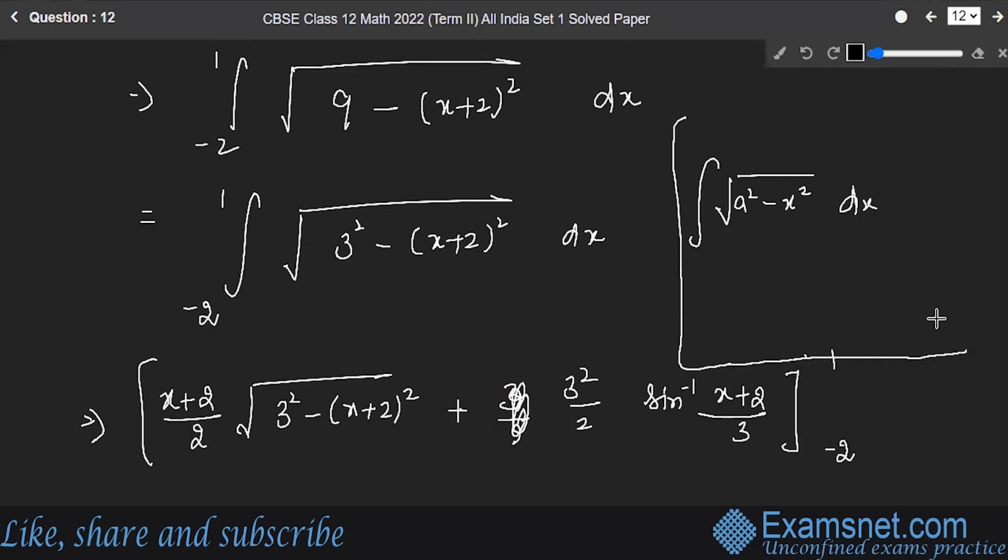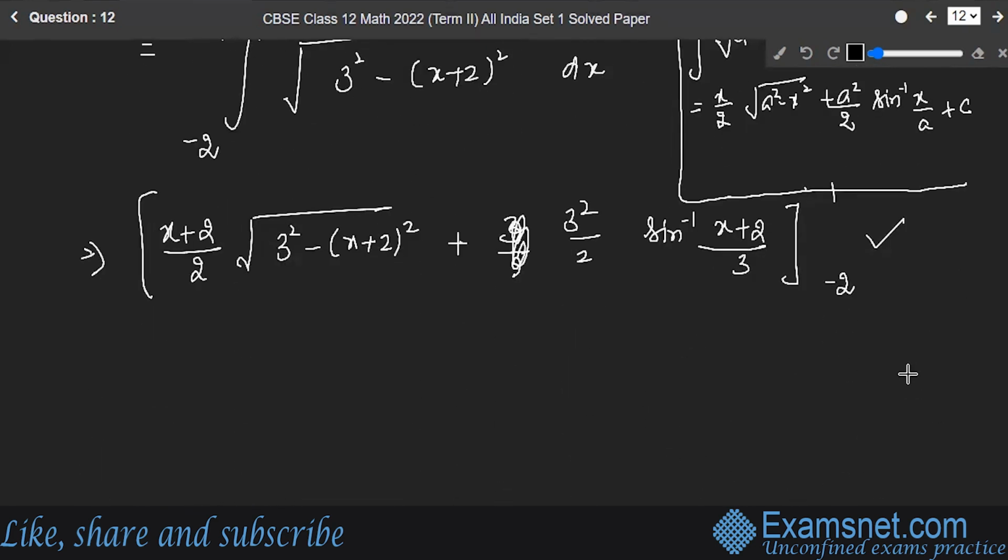Let's write down the formula over here once. So this integral, the formula is given by x by 2 root of a square minus x square plus a square upon 2 sine inverse x upon a plus c. Hope you understood this formula. So using this formula, we got this particular equation, right? Now the thing is we have to put in the limits.